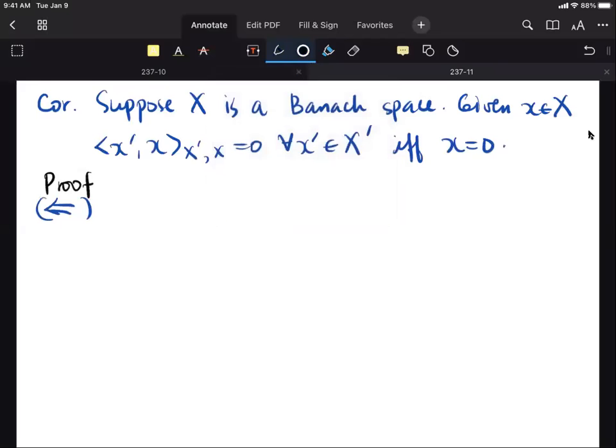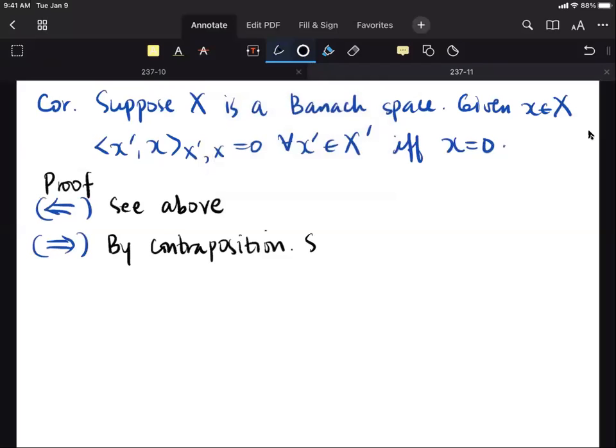Here we already established one implication due to linearity. For the other, we apply contraposition.